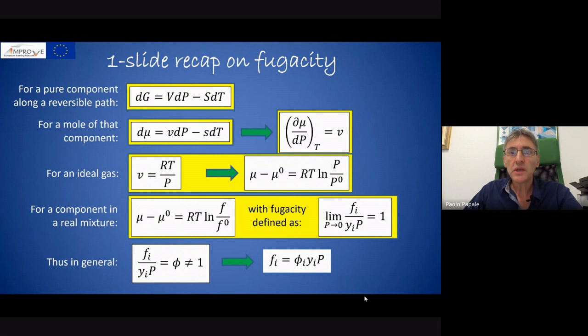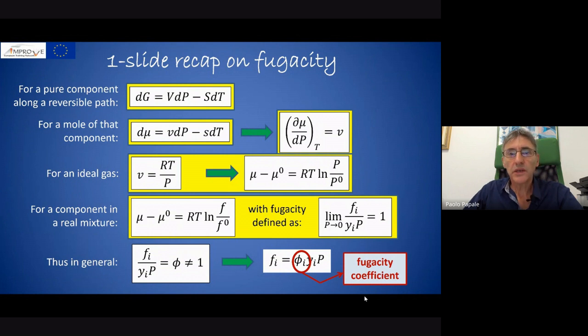That operation gives us a definition of fugacity, which is nothing else than a corrected partial pressure where the correction factor embeds the deviations from ideal behavior, and it's called the fugacity coefficient. If you want to refresh your memory to all of these, you just have to look back to lesson number 3.